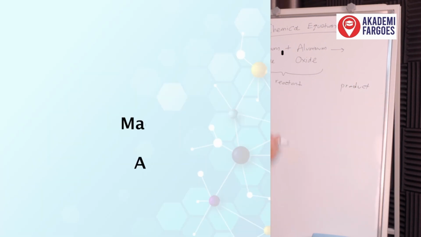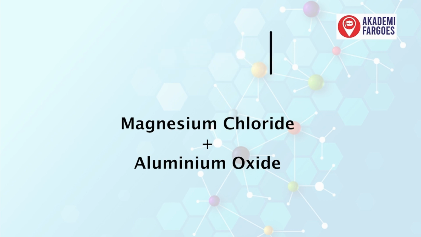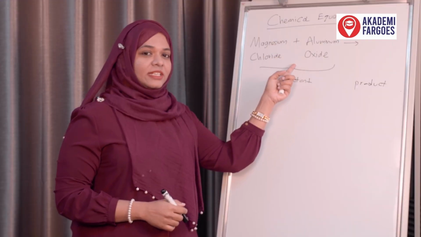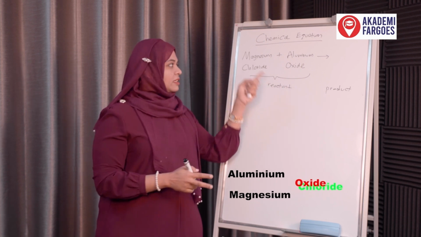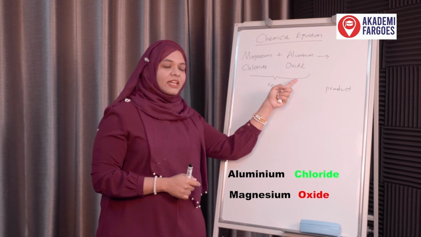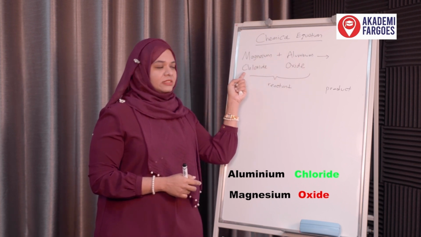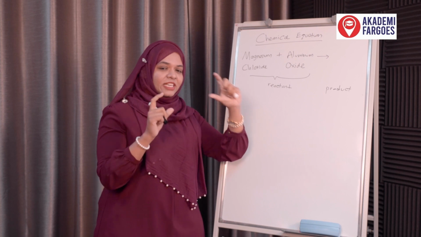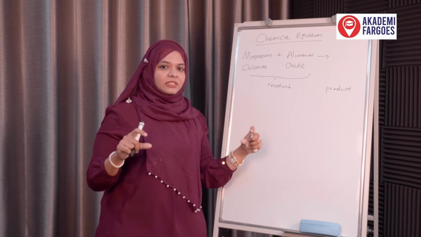What is the product? Magnesium is a metal and chloride is a non-metal. Aluminium is a metal and oxide is a non-metal. To get the product, you have to switch: this metal combined with this non-metal, and this metal combined with this non-metal. Then you will know the name of the product before we go for the simple chemical equations.